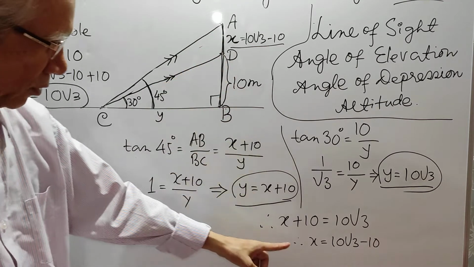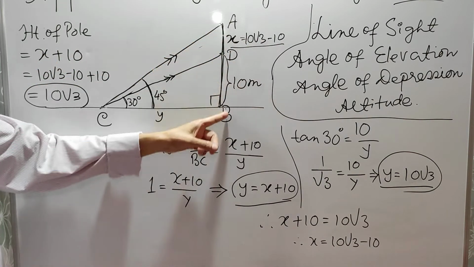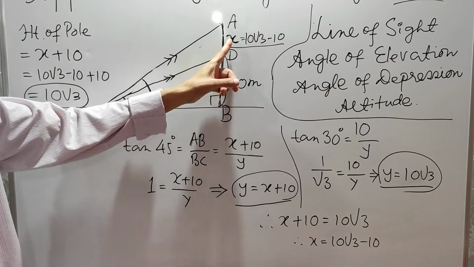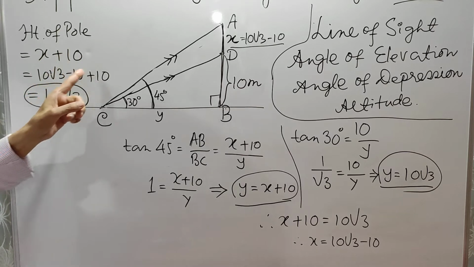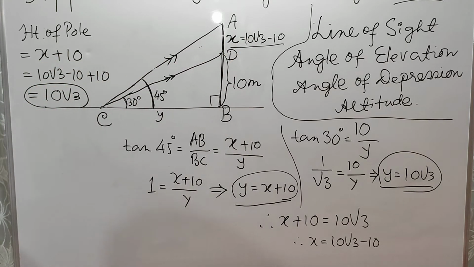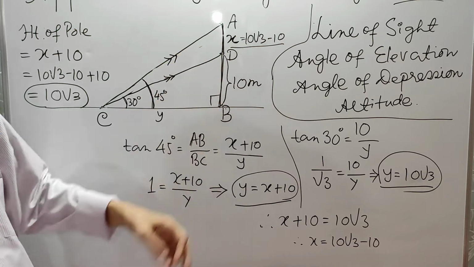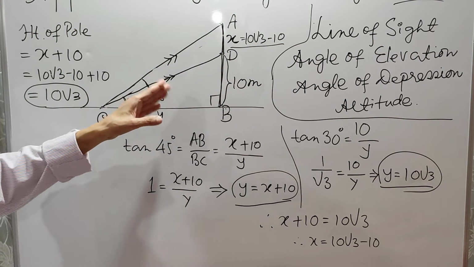So this X we have found to be 10 root 3 minus 10. Now what is AB? The height of the pole, X plus 10. Now X is this one plus 10, so plus 10 minus 10 cancel, 10 root 3. All right. So this is how we have calculated the height of the pole. Now you see, this is again another type of diagram.